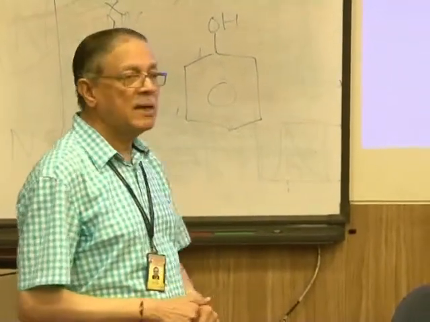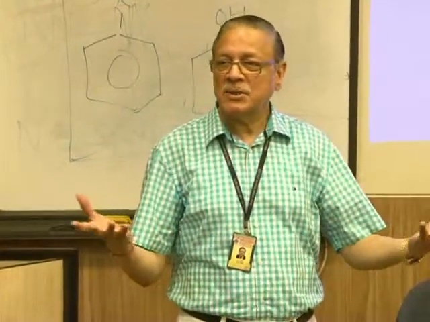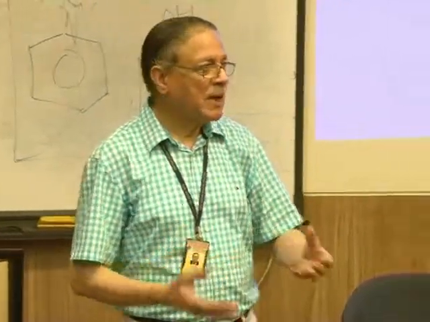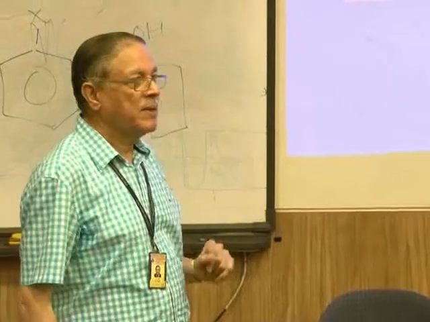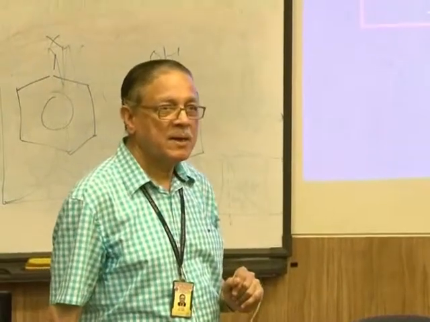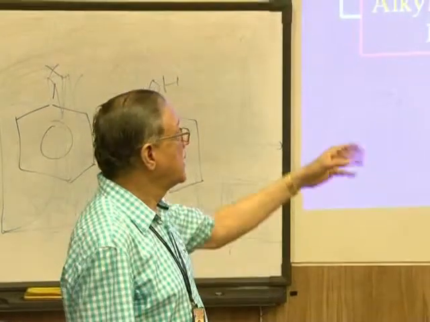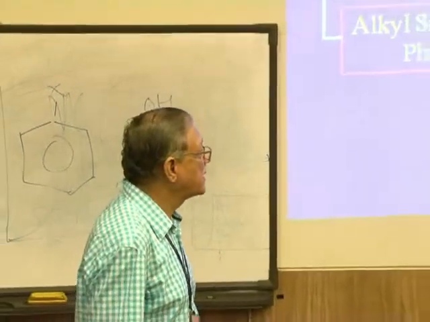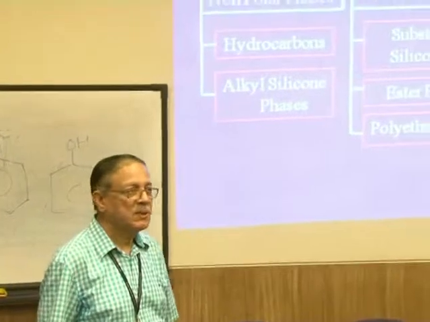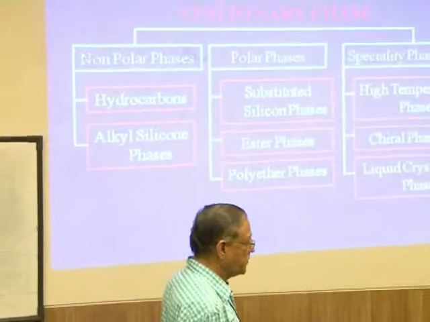Also, chiral phases. There are mixtures of chiral solutes, and these phases cannot separate them. So you have to have speciality chiral stationary phases. And lastly, liquid crystalline phases also for specific applications.